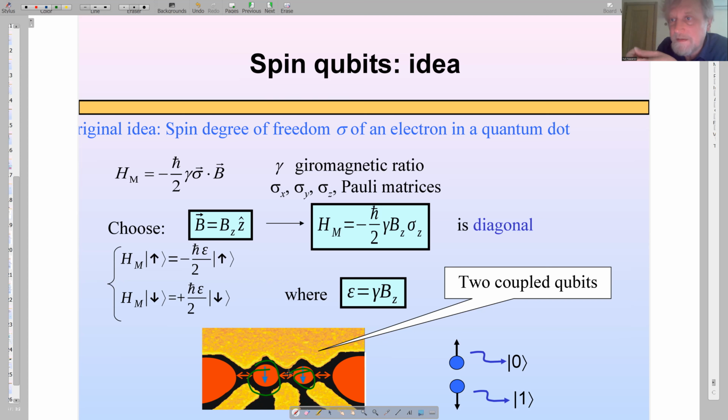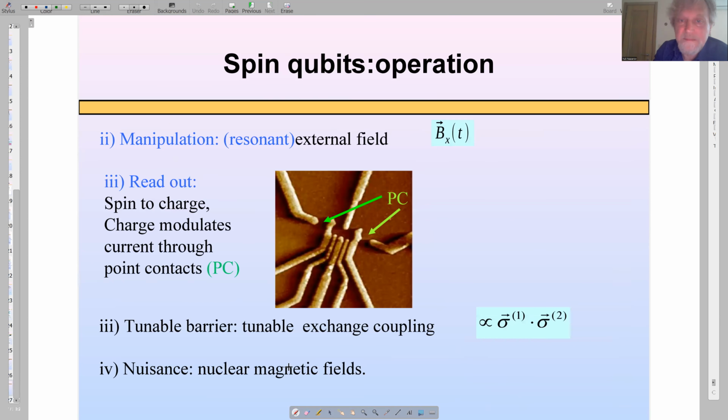Actually, with pulses of electromagnetic field, magnetic field, or electric field, one can energize these qubits, rotate these qubits. For this geometry, one can also modulate this gate and modulate the interaction between these spins. And in this way, one can provide all these computer paradigms.